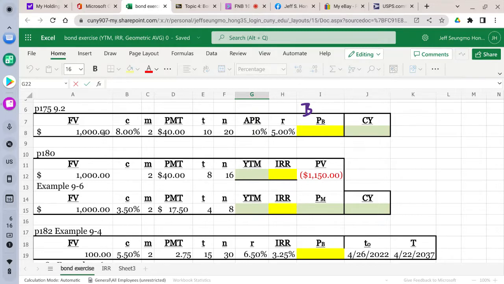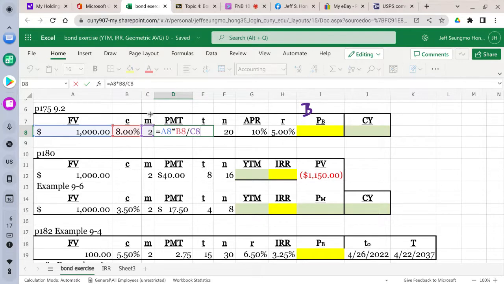But here, this is our example. You have 10 years left, so that means 20 semesters, right? Because a bond is always on a semi-annual cycle. Our coupon will be $40 every 6 months, right? Because it's not that difficult: annually $80 divided by 2, $40.